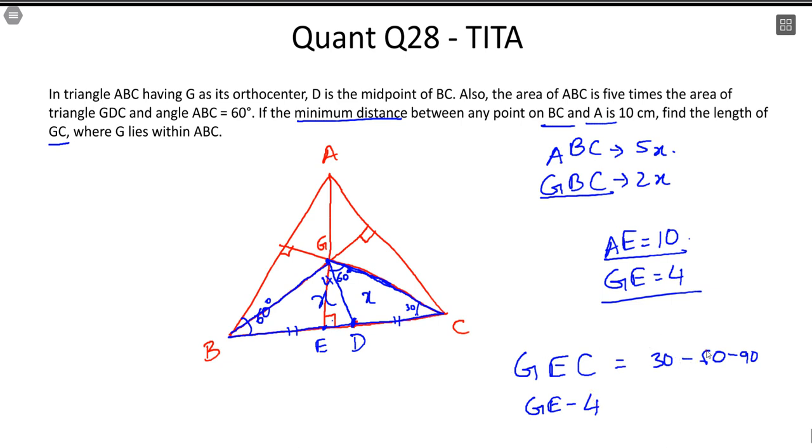So the ratio of length of sides here is 1 is to root 3 is to 2. If GE is 4, GC will have to be 8. Therefore, the answer to this question will be 8 only. I cannot stress enough the importance of knowing special triangles and Pythagorean triplets. These help you solve your questions in due time in the exam setup very, very quickly.